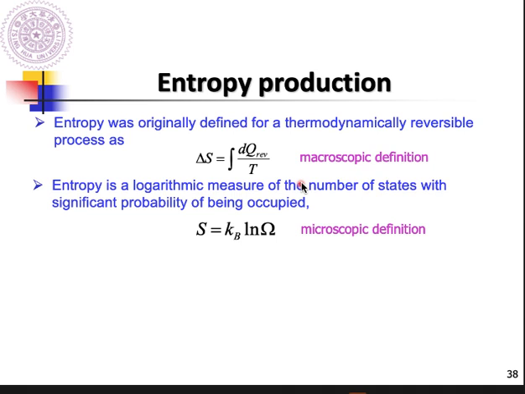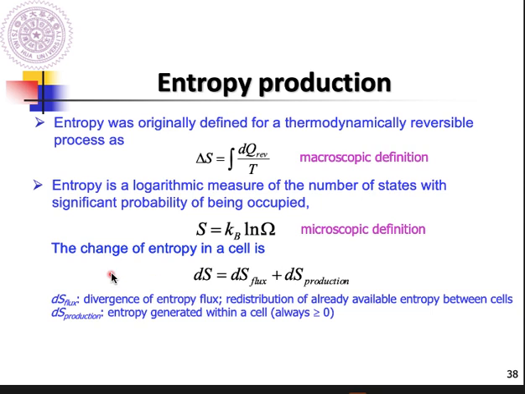Based on the microscopic definition, we can also use statistical thermodynamics to show that the entropy equals the Boltzmann constant kB times log omega, where omega is the number of possible combinations of the atoms. Some people will say it's the possible number of states.